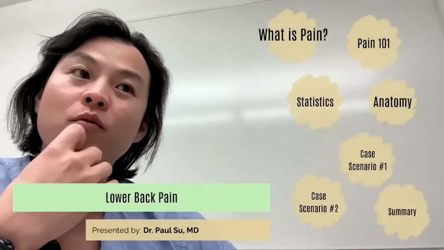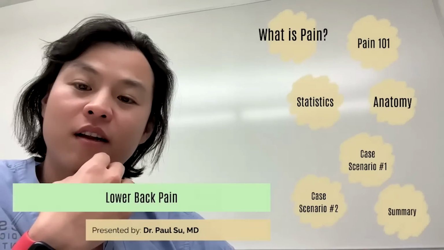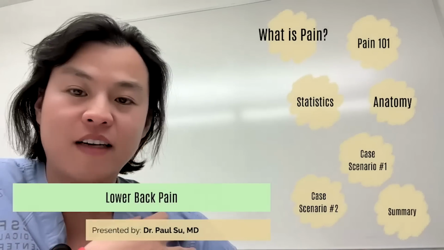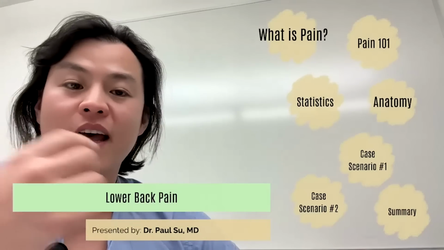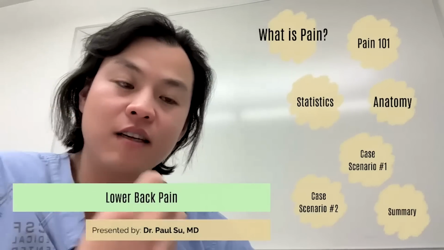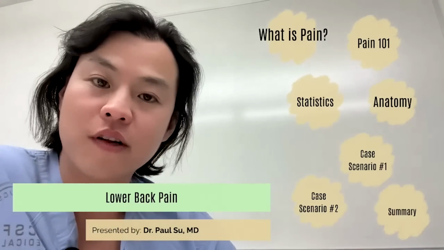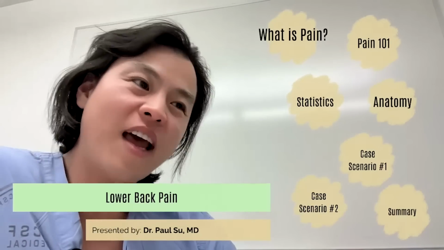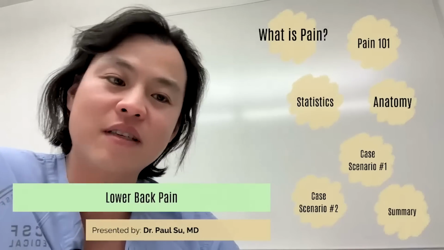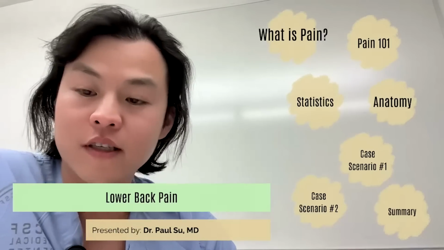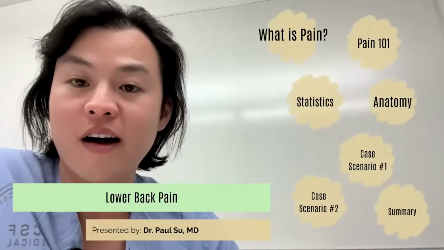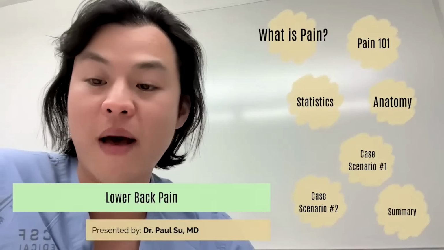So you might be wondering why lower back pain affects so many people. Those adjectives that I showed earlier on, the dull, achy, tingling, zapping sensation, those are all descriptors that patients of mine have used to describe their lower back pain.